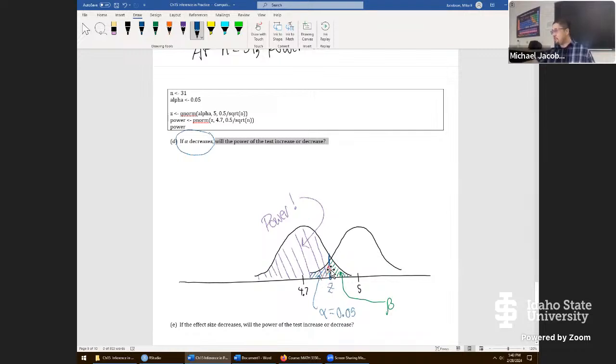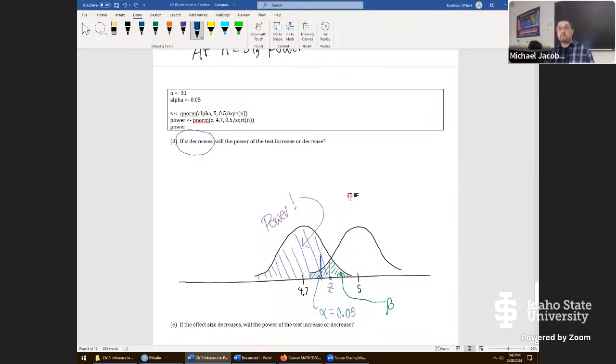If that area is getting smaller, that vertical line segment would have to move to the left like that. But that means the purple area is going to get shortened because it stops right at this barrier. It has to go all the way up to hit this curve right here. So shrinking alpha is actually shrinking power.